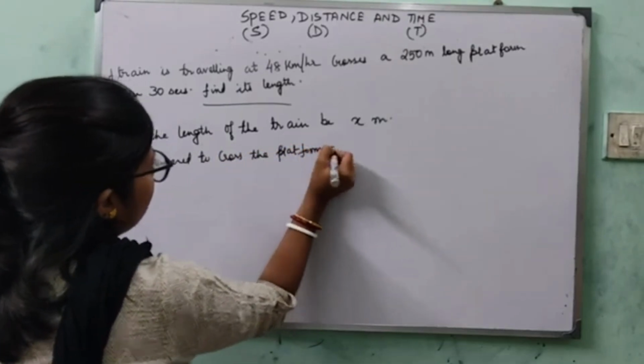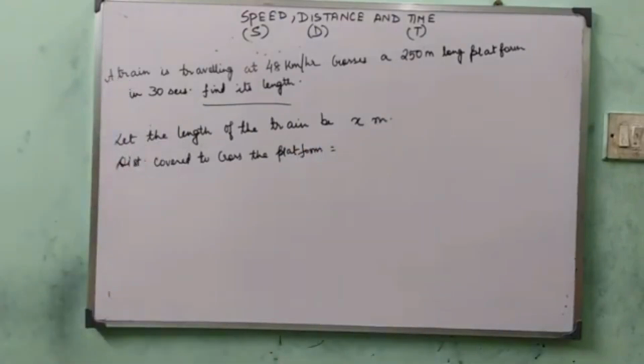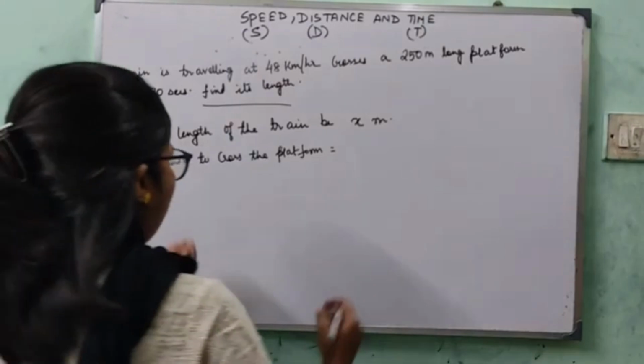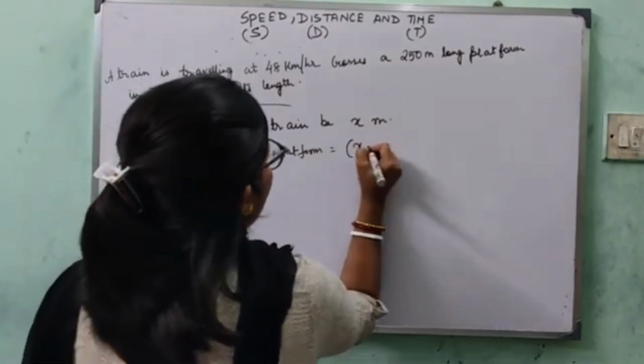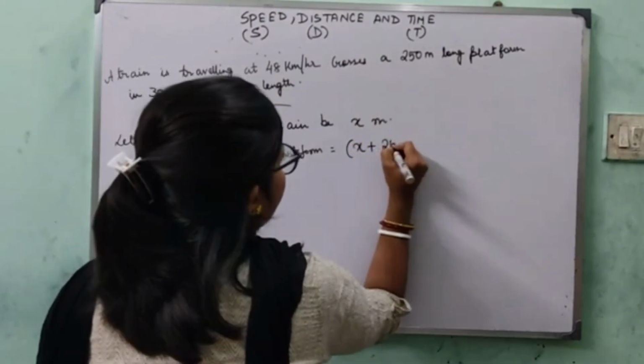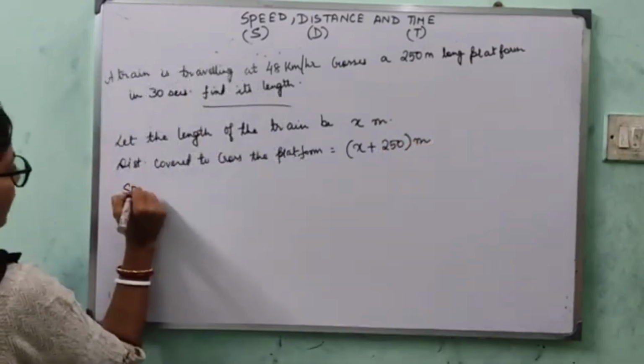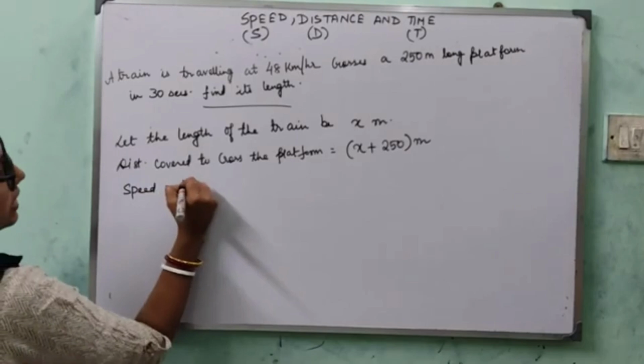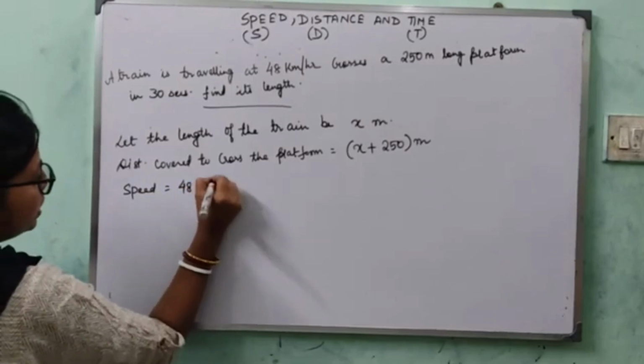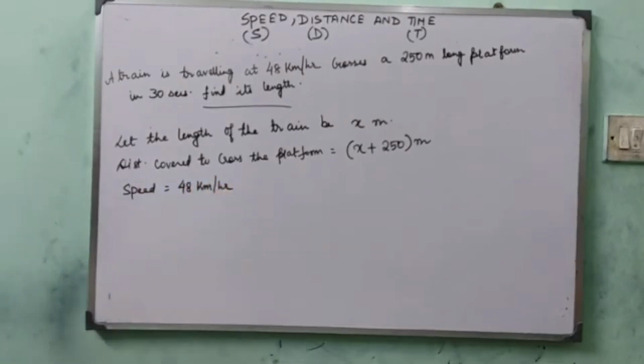We have seen that whenever a train is crossing a platform, what is the distance covered? The distance is the sum of its length plus length of the platform. Speed is given to us as 48 kilometer per hour. So we know that 48 kilometer per hour has to be changed into meter per second.